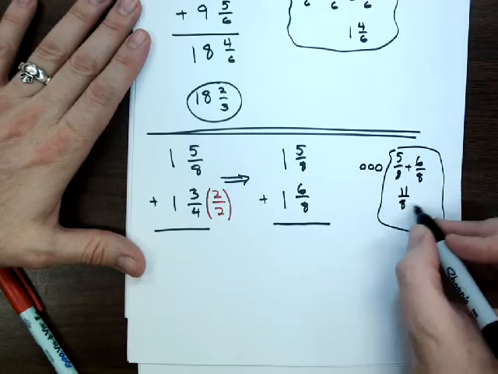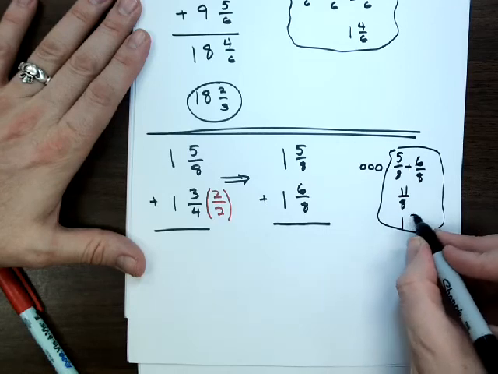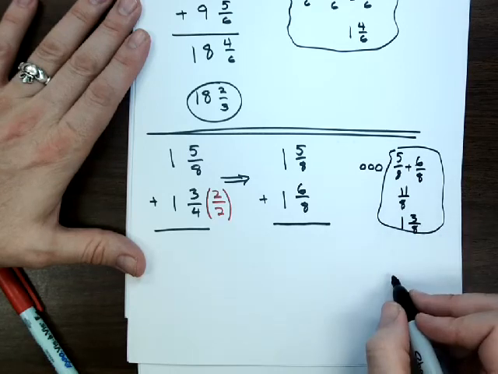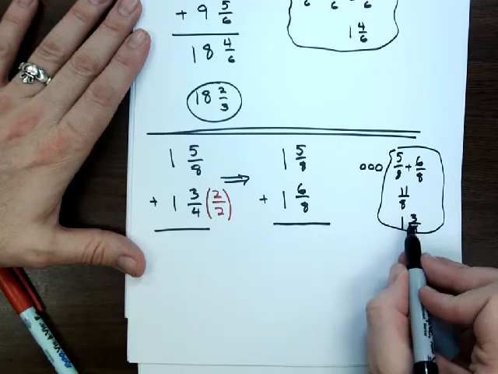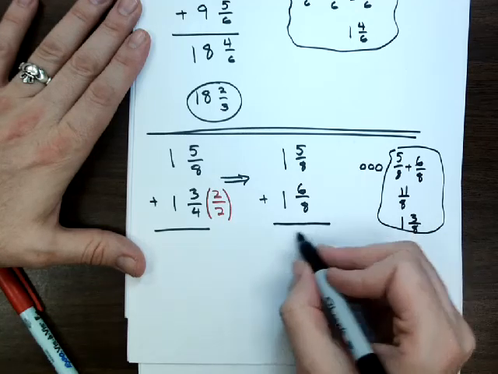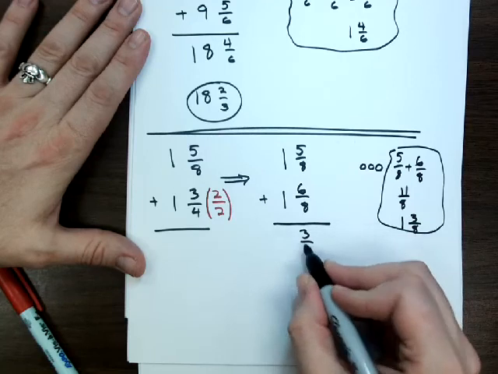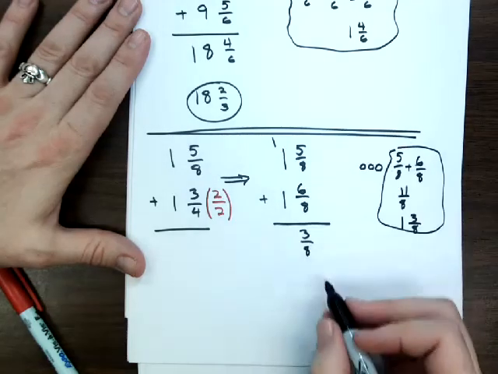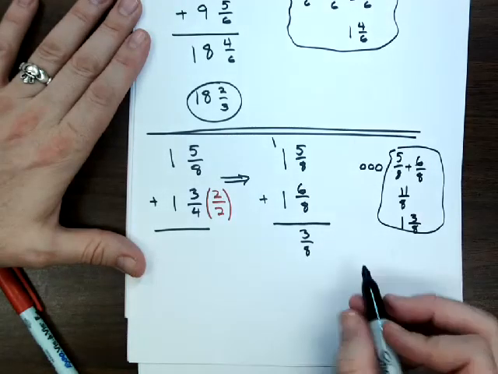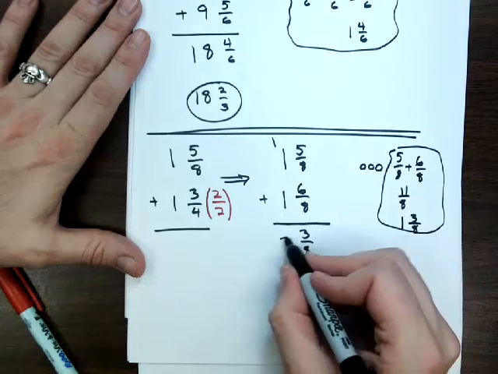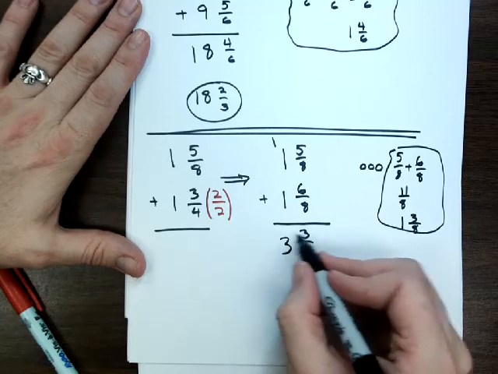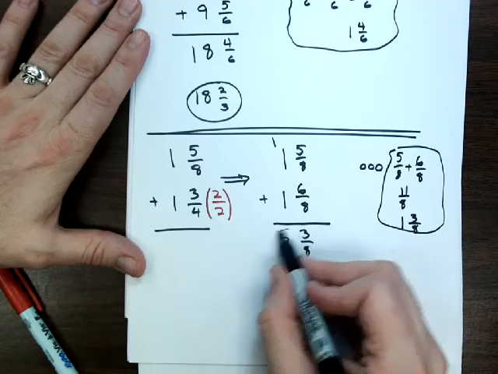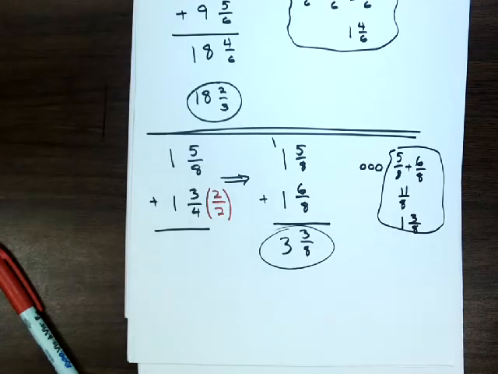And 11/8 is the same thing as 1 and 3/8. So I put my proper fraction down below there, 3/8, and I carry my 1 to my next place value. 1 plus 1 plus 1 is 3. 3/8 is already reduced, so our answer here is just going to be 3 and 3/8. We're done.